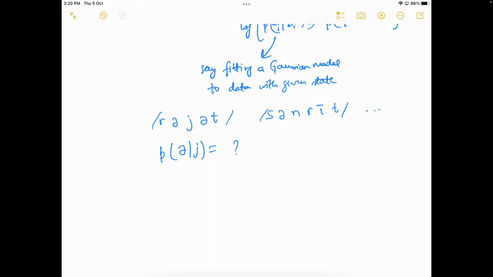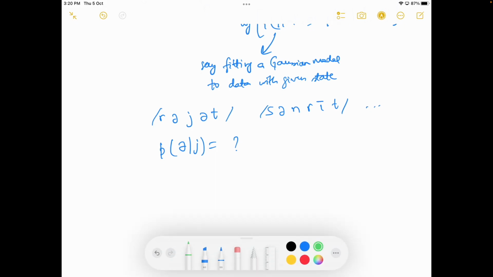So what is the probability that my ith state is A when the I minus 1th state is J? Can you tell from this data? So there is one occurrence. Please pay attention. It's not very easy. We have one example where A occurs after J.